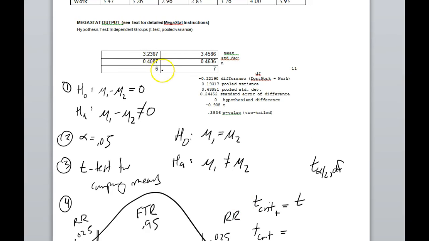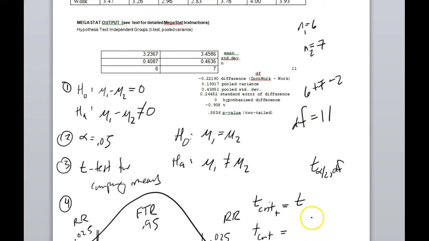So how big is our sample? We have a sample of 6 for n1. So n1 equals 6, n2 equals 7. And so then n1 plus n2 minus 2 is going to be 6 plus 7 minus 2, which is 11. So degrees of freedom equals 11.